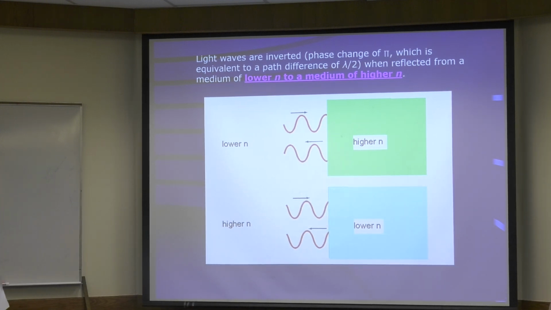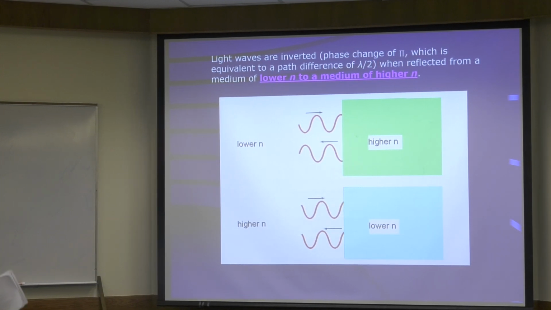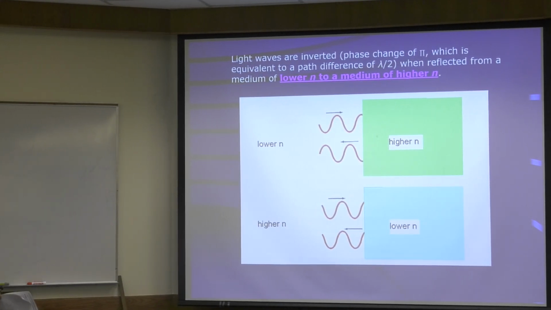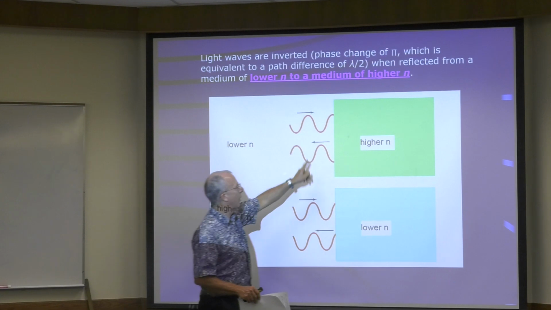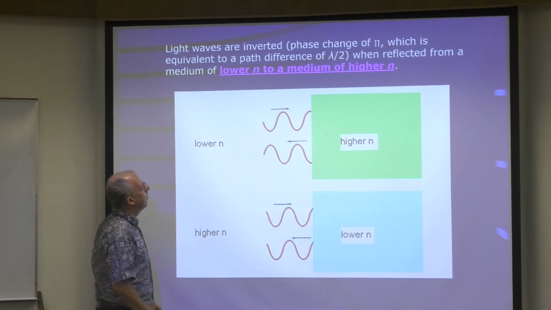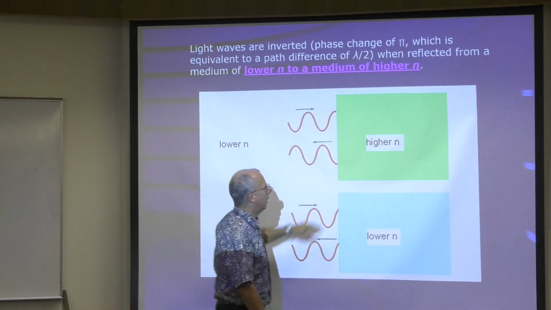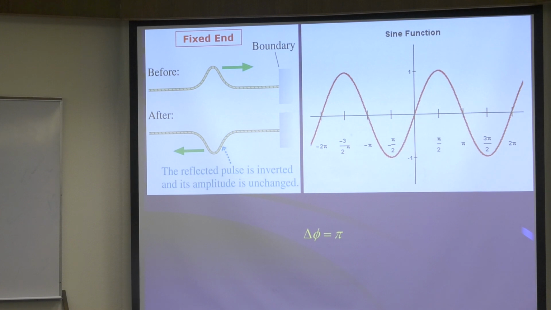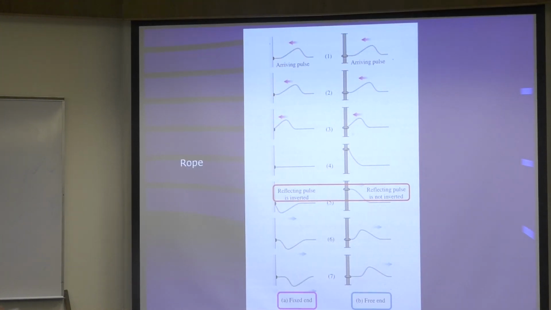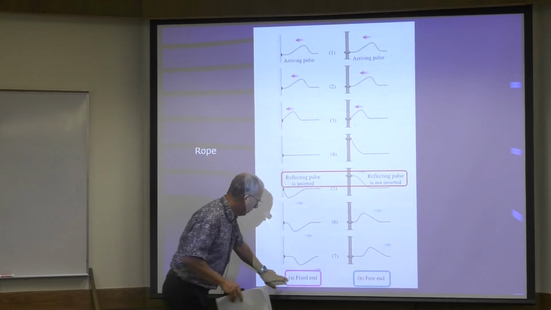Light waves are inverted, which is equivalent to a phase change of pi, which is equivalent to a path difference of lambda over 2, when reflected from a medium of low n to high n. See, this is reflected, right? So that's like that rope, remember the rope? The rope was when it went to a fixed end.